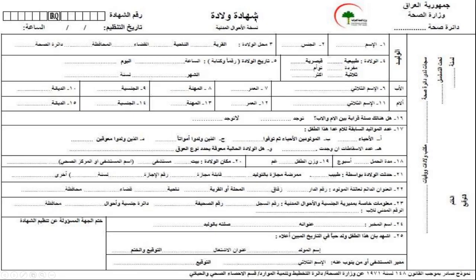This is the birth certificate and the civil status version or the civil status copy. It's up to you which word you use, whether you say copy, version, or even edition. It doesn't really matter. It's the same thing.